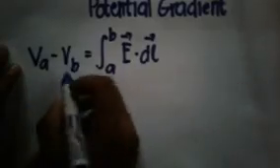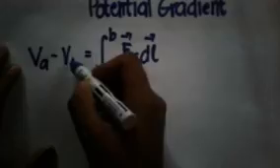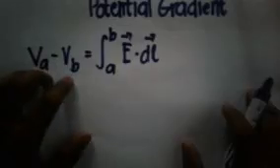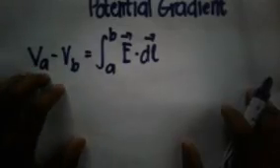In this equation, the potential of A with respect to B is the change of the potential encountered on a trip from B to A.